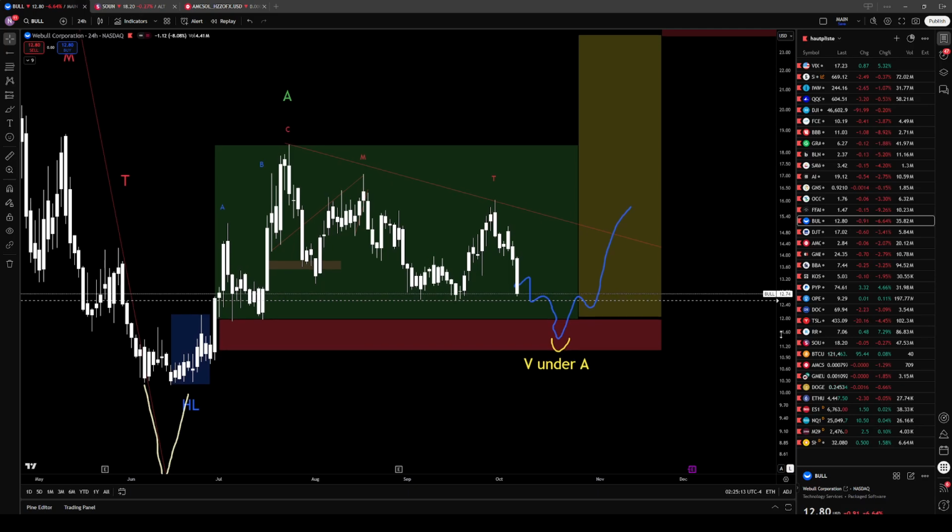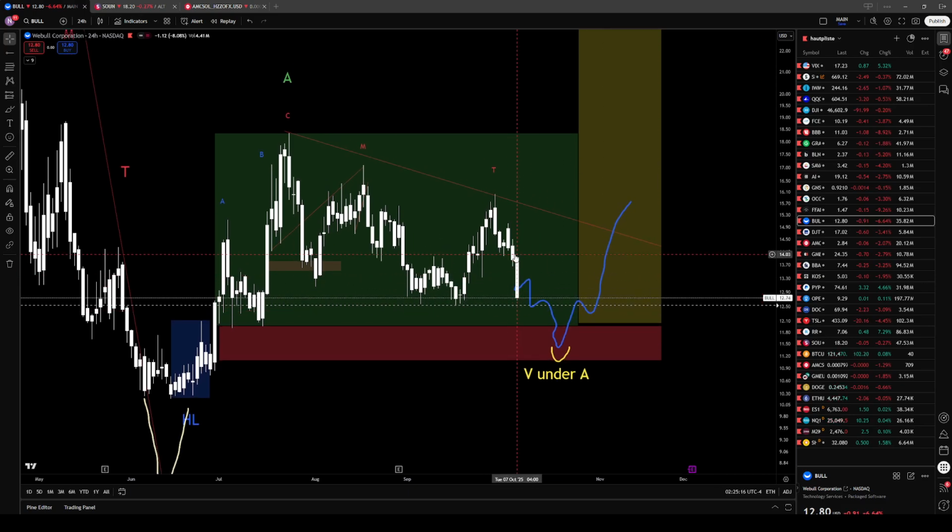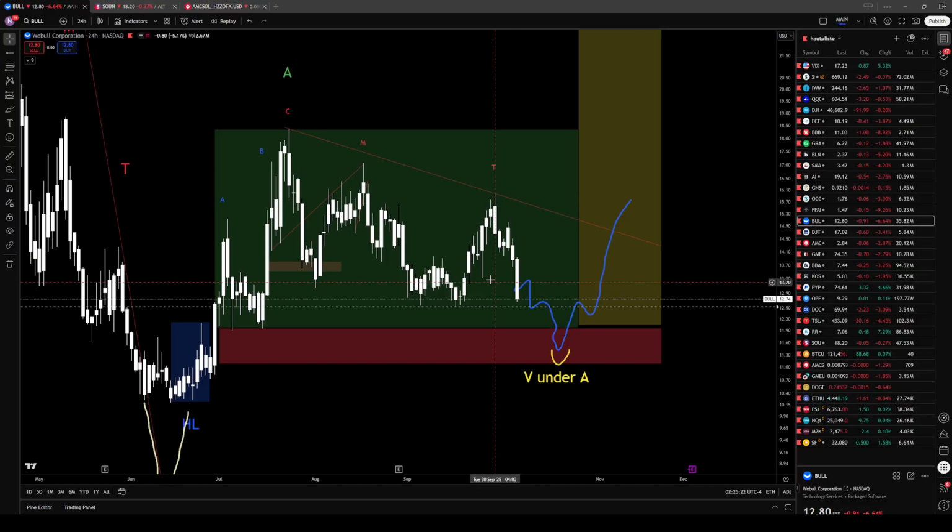Well, I said yesterday, I want my V under A, which is under $12. And then we knifed. Perfect. Because this could just easily go slowly grinding to the downside and so on. This thing is quick right now.